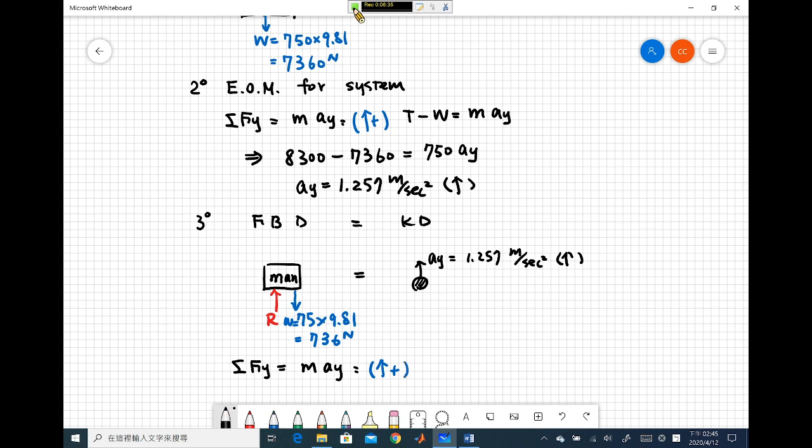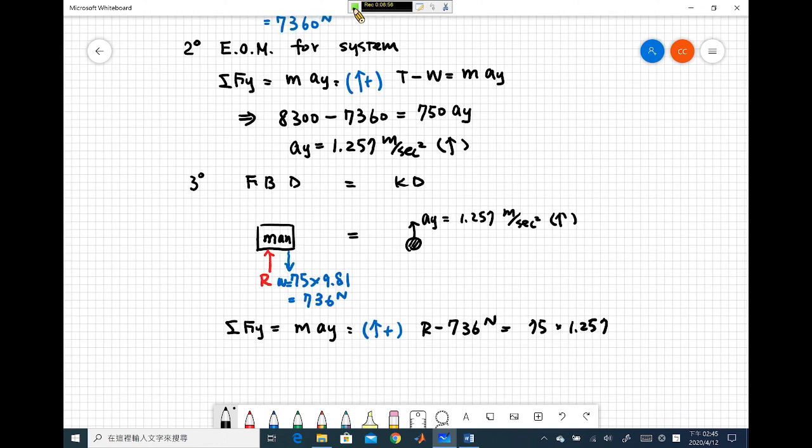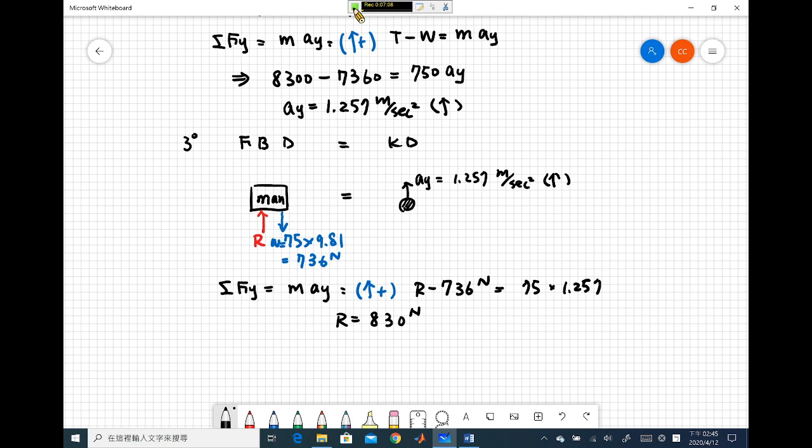Then your R minus the self weight will be equal to 75 kilogram times this ay. So R will be equal to 830 Newton. Okay, so that's the scale reading in terms of Newton.